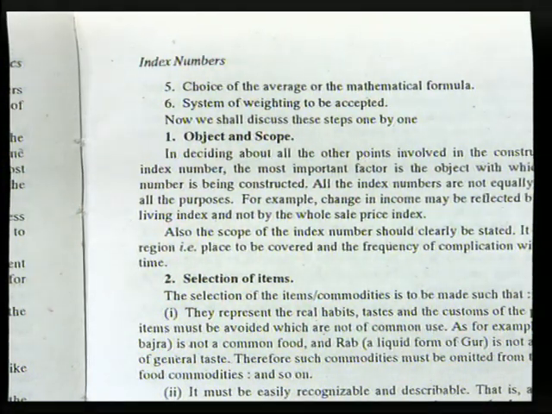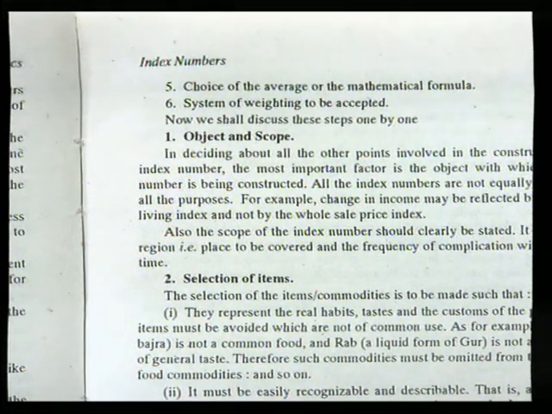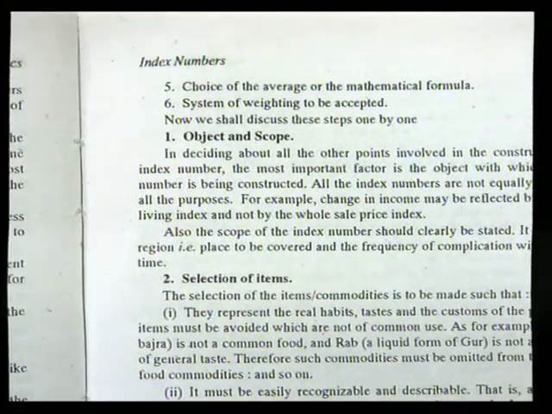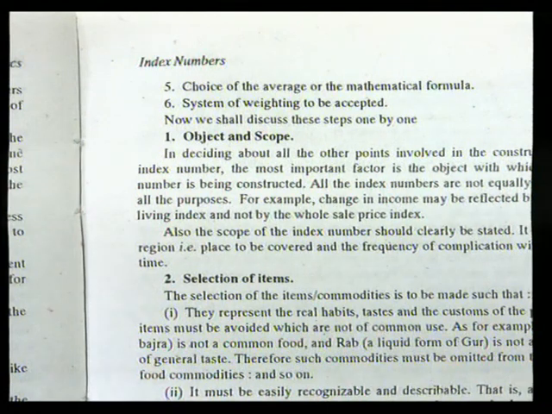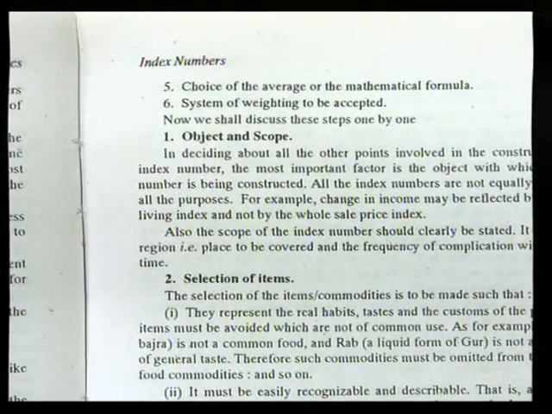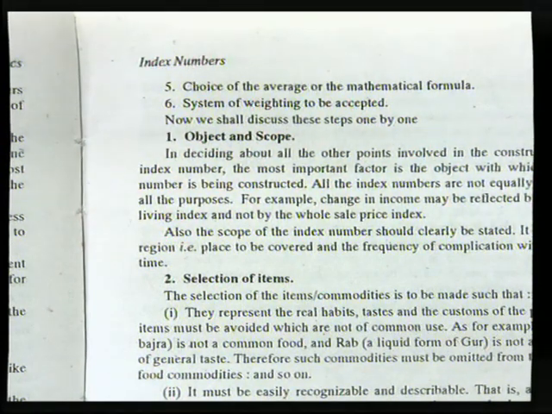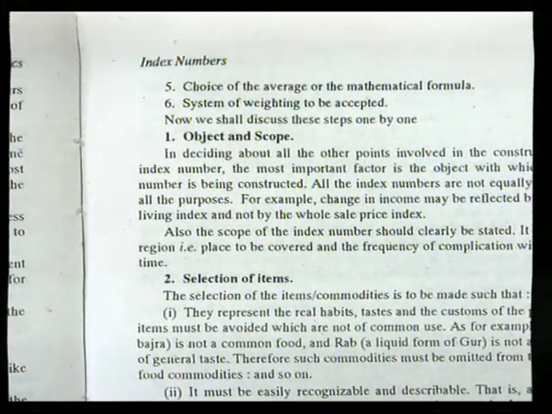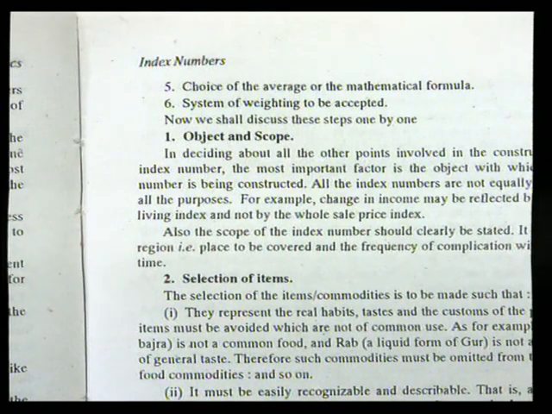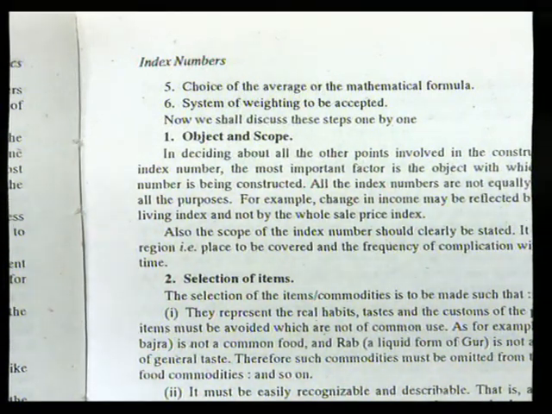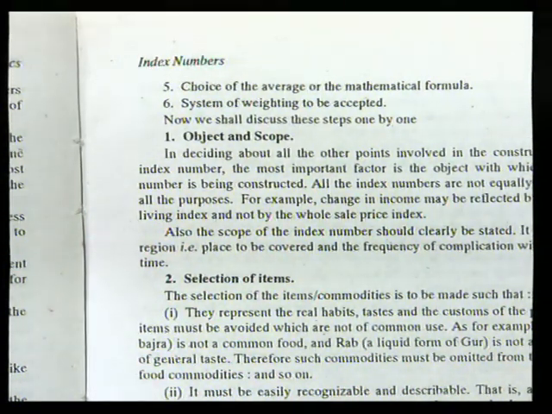For example, change in income may be reflected by the cost of living index and not by the wholesale price index. Also, the scope of the index number should clearly be stated. It includes the region, that is, the place to be covered, and the frequency of compilation with respect to time.